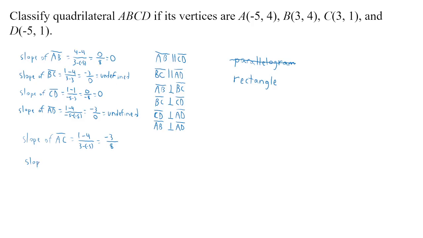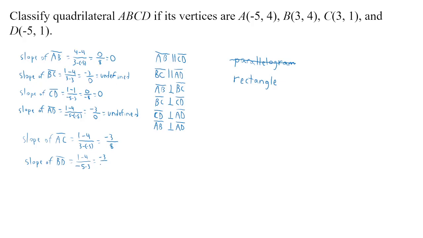And next, we'll find the slope of segment BD. And we know this is 1 minus 4 over negative 5 minus 3. 1 minus 4 is negative 3.